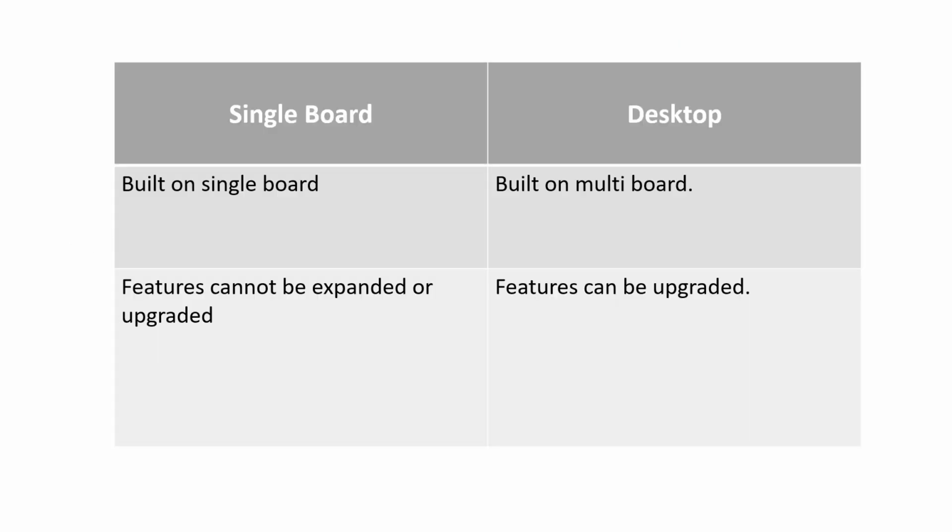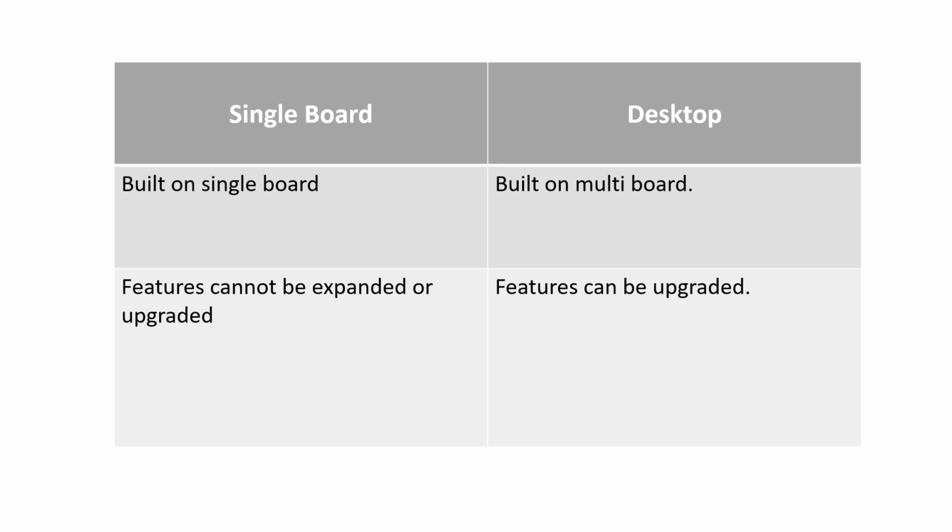Let's have a look at the difference between a single board and a desktop. A single board, as its name indicates, is built on a single board, whereas a desktop has a multi-board system. In a single board, as it is designed to have minimum functionality, it cannot be upgraded or its features enhanced or expanded.